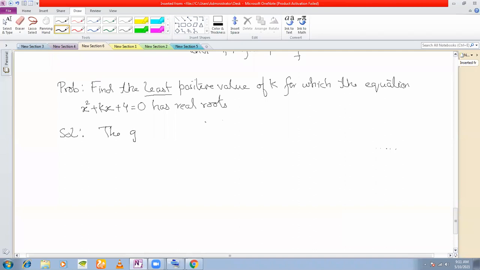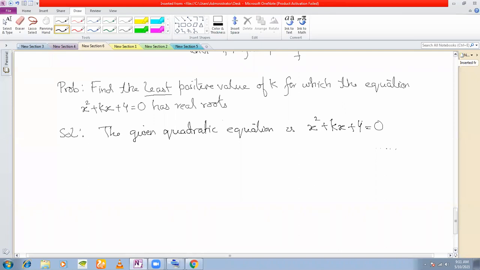The given quadratic equation is x square plus kx plus 4 equal to 0.